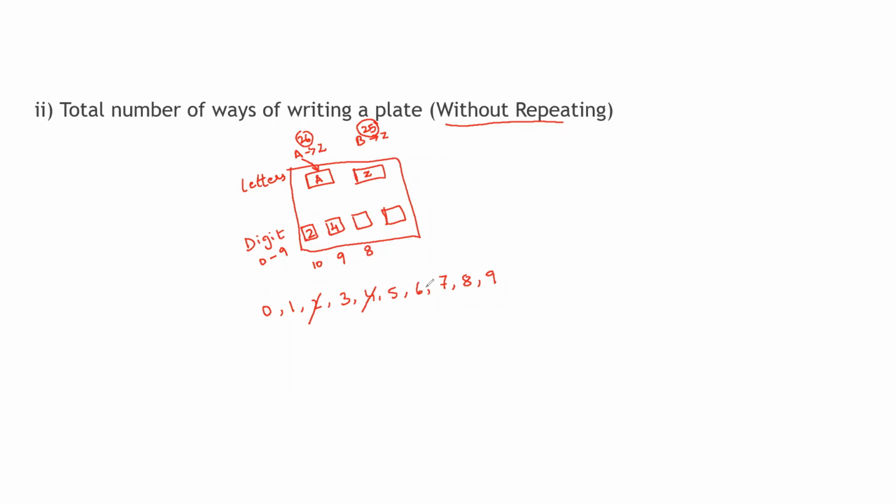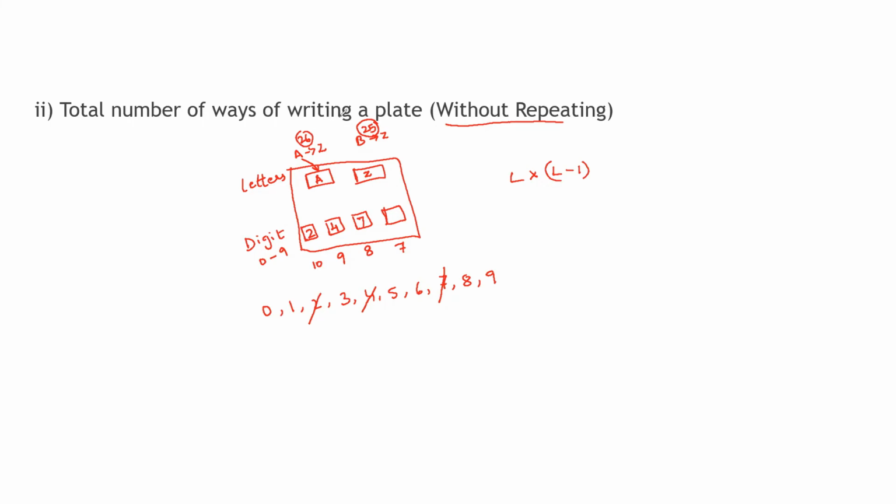Say next I will write 7. Now how many left out? 1, 2, 3, 4, 5, 6, and 7. So 7 are left.